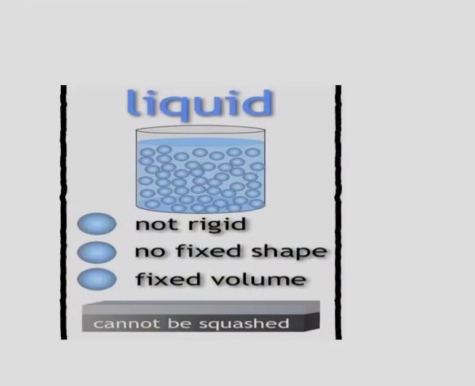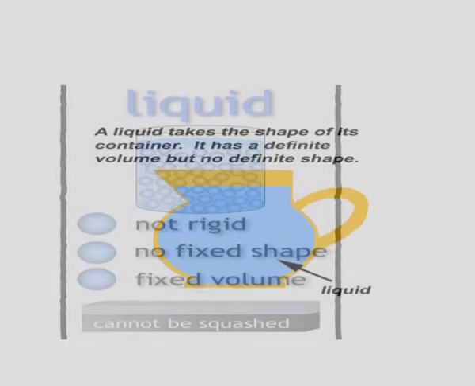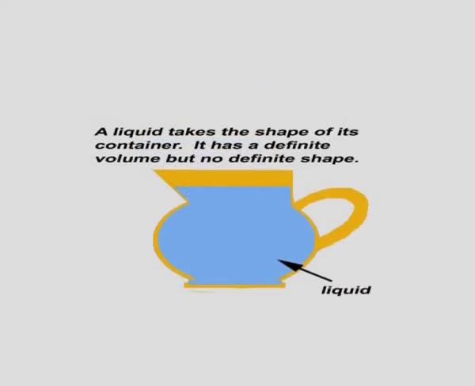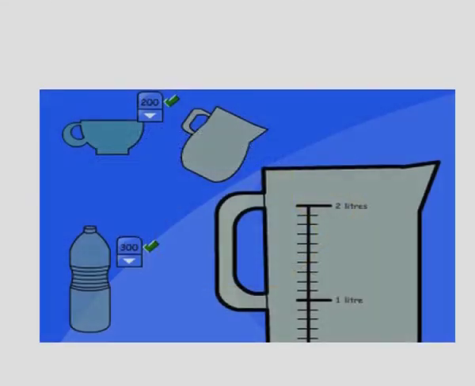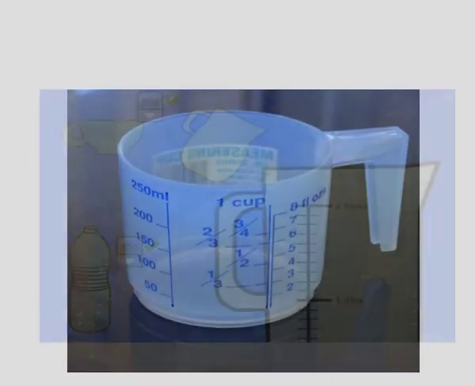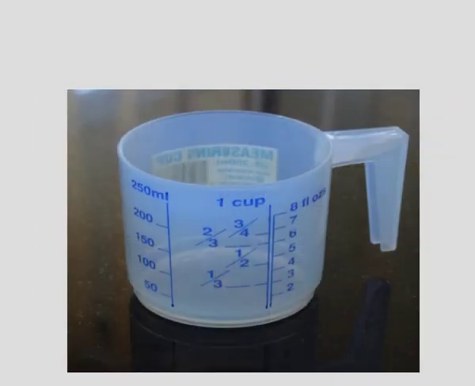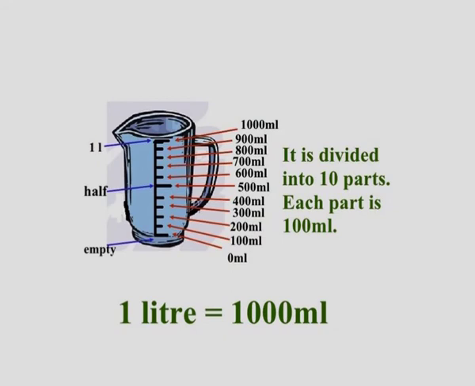You know, liquids have no fixed shape, they take the shape of a container. To calculate the capacity of liquids, we measure the capacity of the container. You know that the standard unit of capacity is liter. Same as in the case of length and mass, there are units greater than a liter.